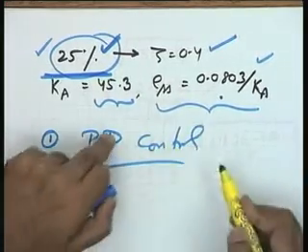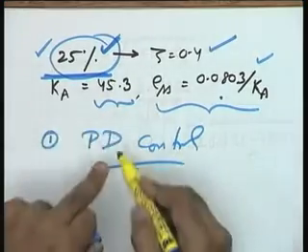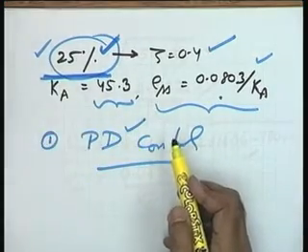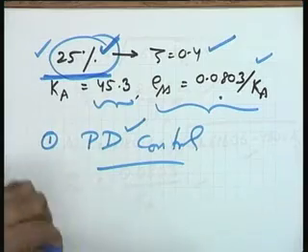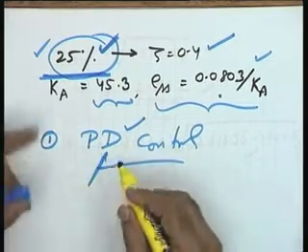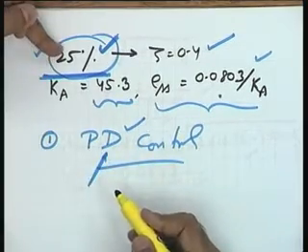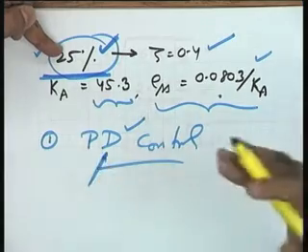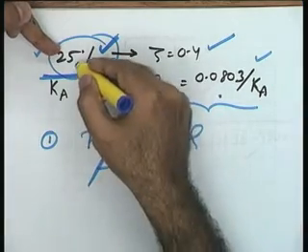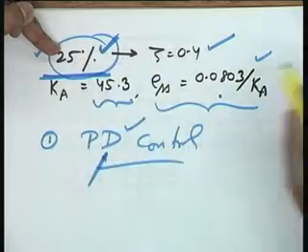Though PD control as such, the derivative control as such, directly does not affect the steady state error, but what it will do, you see that the derivative action will provide for the damping. So, it is going to allow you to take larger values of Ka without violating the requirements of 25% of overshoot.